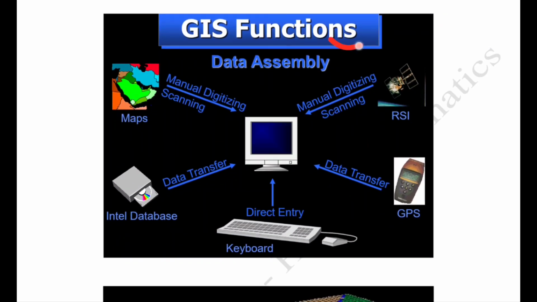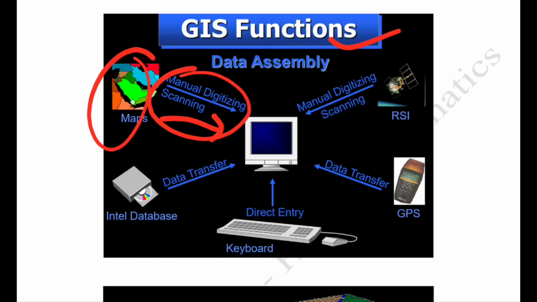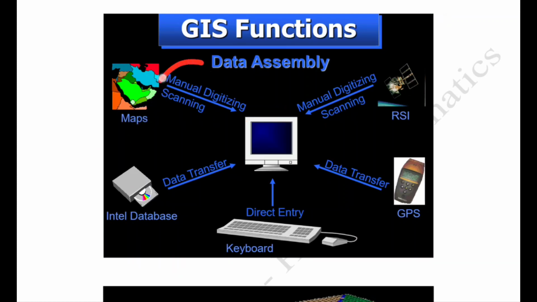After that, what are the functions of GIS? As maps are digitized and stored, or the data is captured in GIS, for that we have to scan or do manual digitizing. Means this is the non-digital form. Map is the non-digital form, so we have to convert it into digital format to store in GIS software. For that we use manual digitizing or scanning.